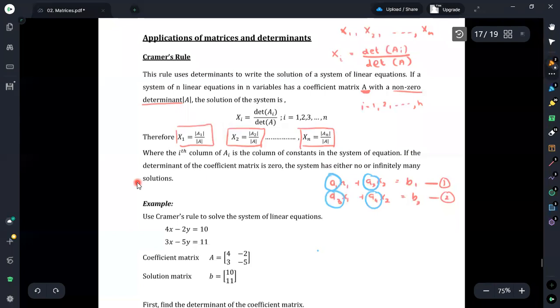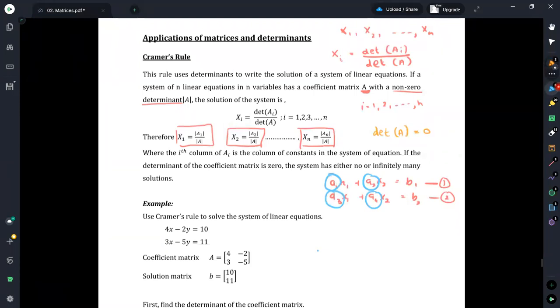And if the determinant of the coefficient matrix A is equal to 0, then the system has either no solution or infinitely many solutions. This is how we use these concepts of matrices and determinants in Cramer's rule.